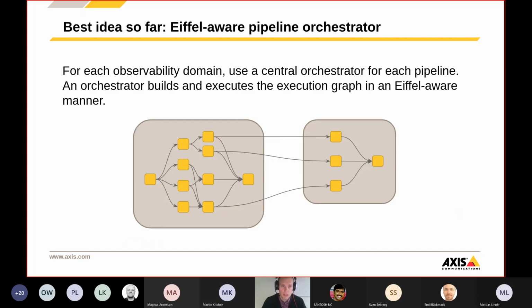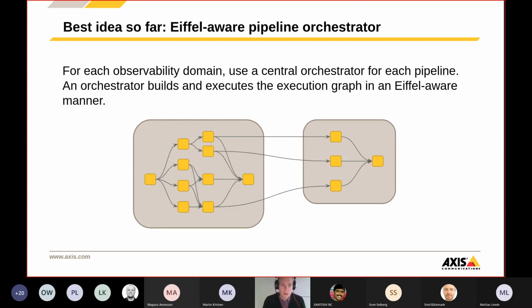Our current best idea for how we want to do this is to actually have a central orchestrator, which sort of goes against the grain regarding using event triggering.